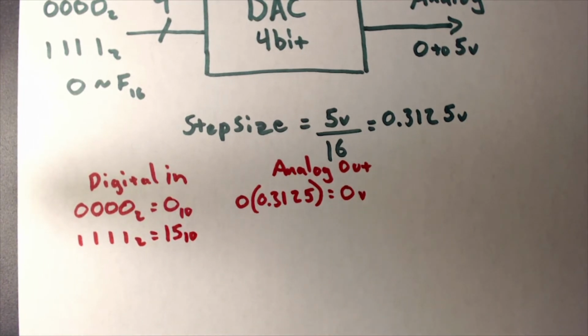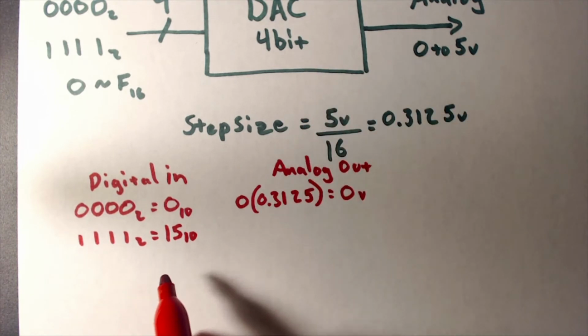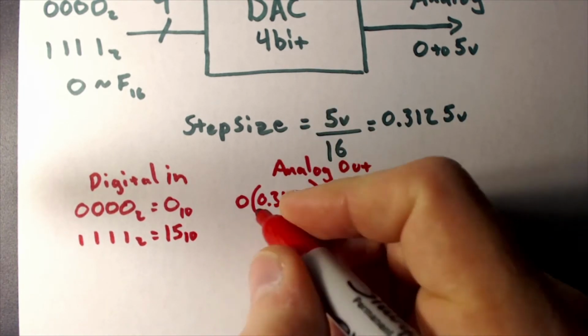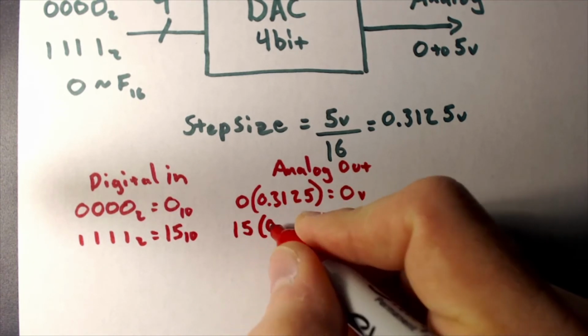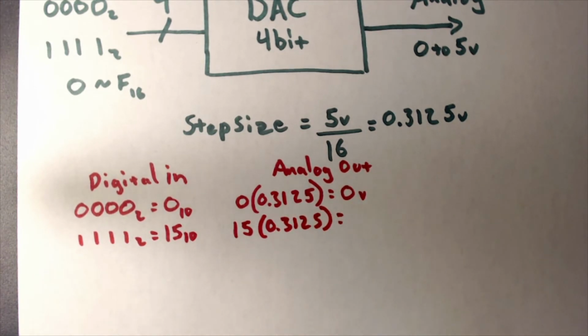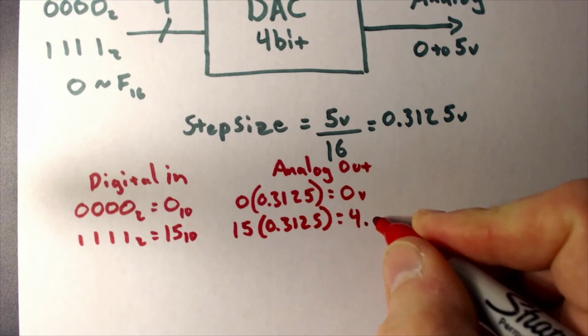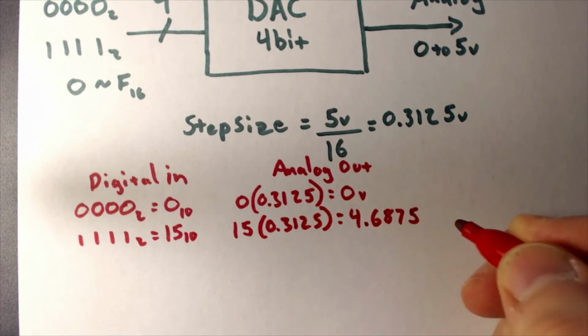And if we want to know what that analog output would be when you give the DAC 1111, well, you just take 15 times 0.3125, our step size, and what does that give us? 15 times 0.3125, okay, 4.6875.